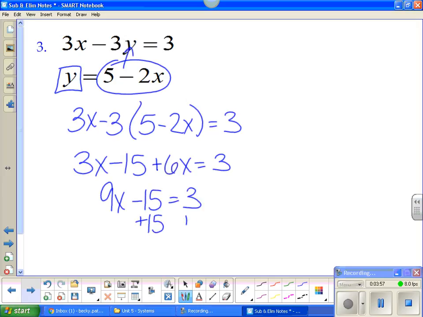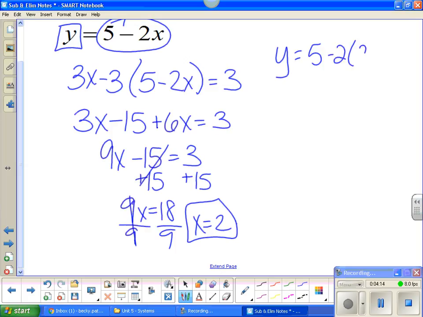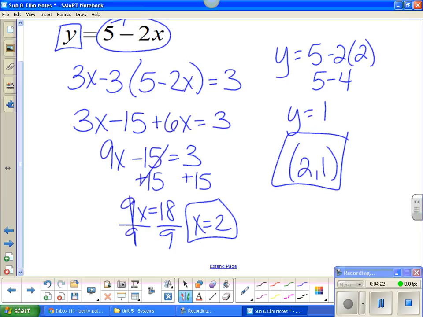Add 15. Divide by 9. And then I'm going to go back into what I circled and plug my 2 in for my x. So y equals 1. So my point is 2, 1.